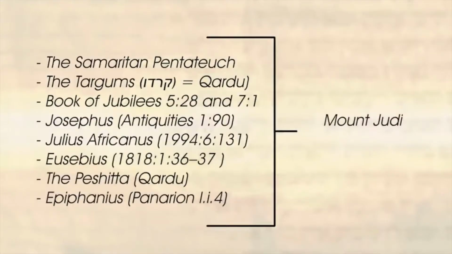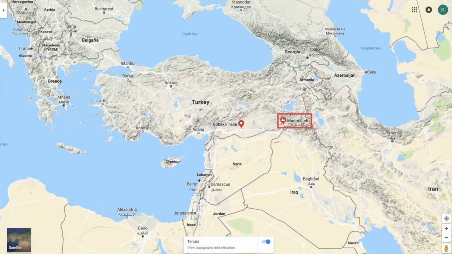And there are various mentions of Mount Judi in the Samaritan Pentateuch, Book of Jubilees, Josephus, Julius Africanus, and many others. Many people say that Mount Judi was the place where the ark rested. And so here is a visual representation of where Mount Judi is. As they said, it is near Syria and Iraq, northern Syria, northern Iraq, and southern Turkey.